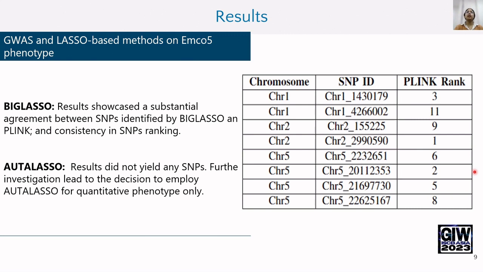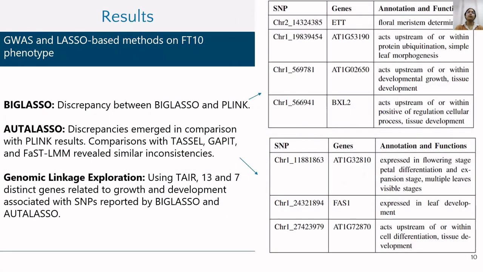Iota results did not yield any SNPs. Further investigation disclosed its effectiveness only with quantitative phenotypes, leading to the decision to exclusively employ Iota for quantitative phenotype analysis in our study.